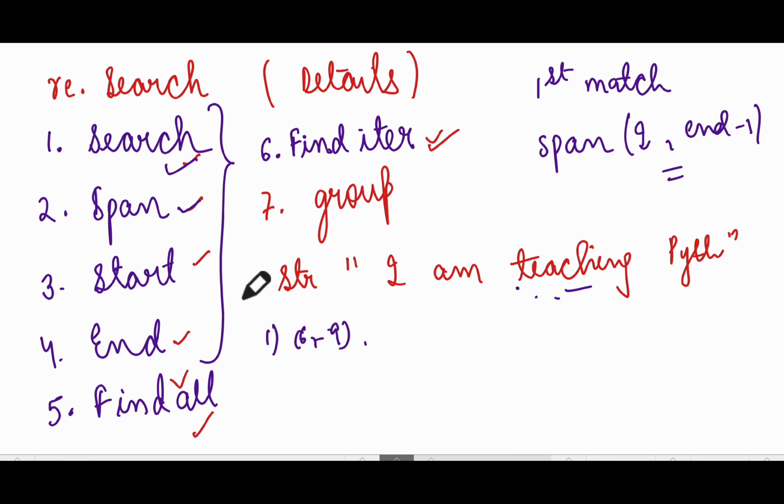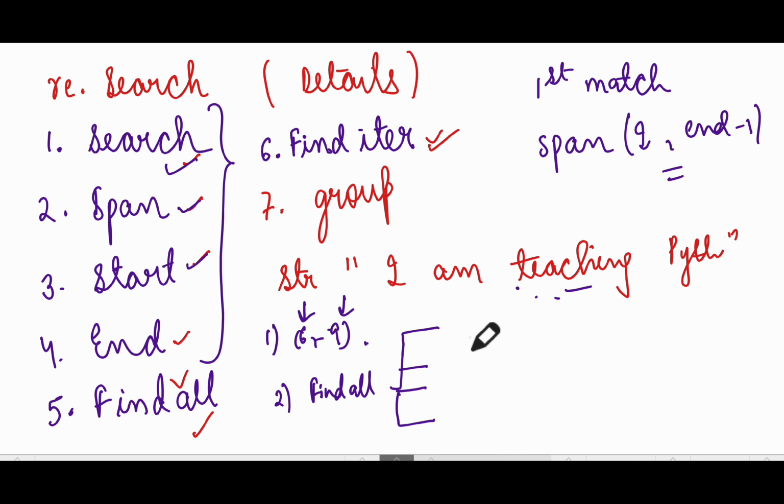And for each span, of course, we have a starting element and an end element. It will give that. And what if there are multiple matches? For multiple matches, let's use find all. Once you do find all, it will produce all the outputs wherever it is finding.